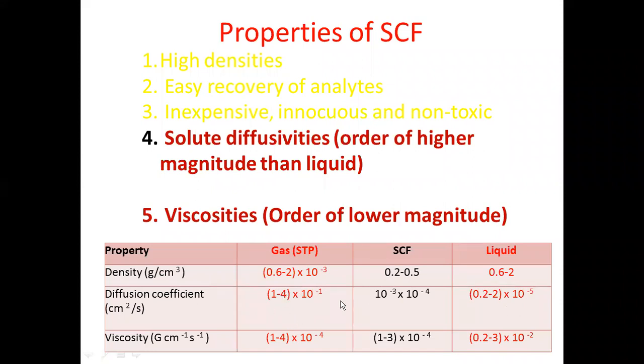But for gases, 1 into 10 power minus 1, means 0.1 to 0.4, is the diffusion coefficient of gaseous species. Whereas the supercritical fluids have diffusion coefficients of 0.0012 to 1 into 10 power minus 4 centimeters square per second. So when you compare with the liquids, we can say roughly 10 times larger than the liquids.